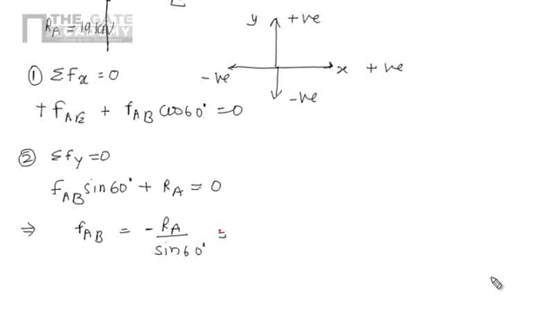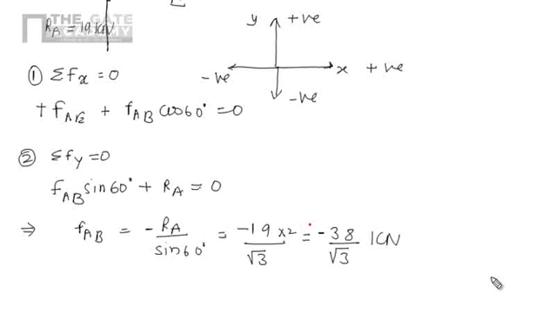So the value of RA we know is 19, and sin 60 is root 3 by 2. So it will be 38 by root 3 kilonewton, and the sign for that is negative. So right now we are not bothering about the sign.